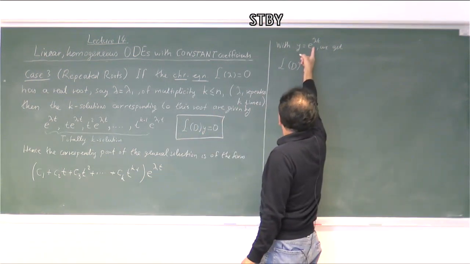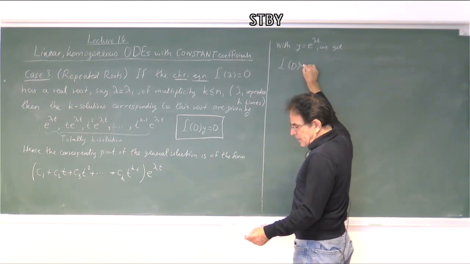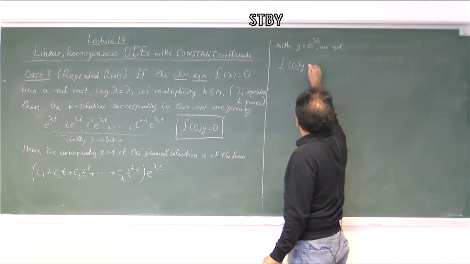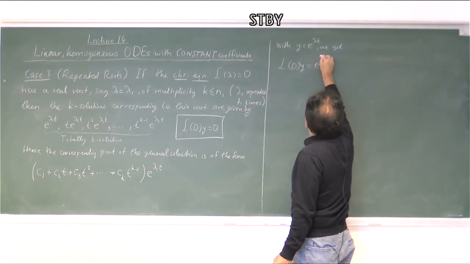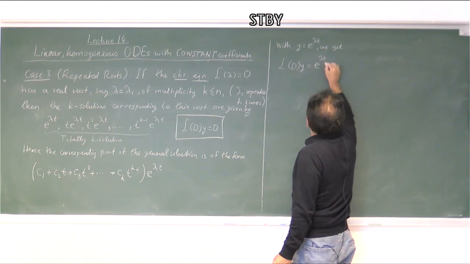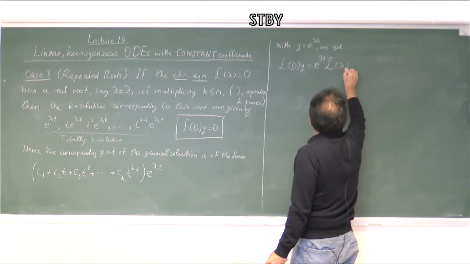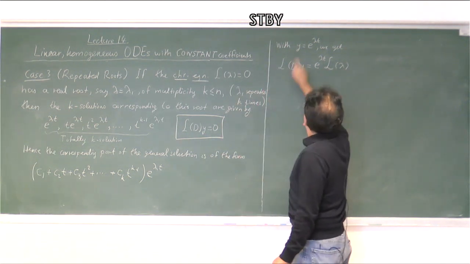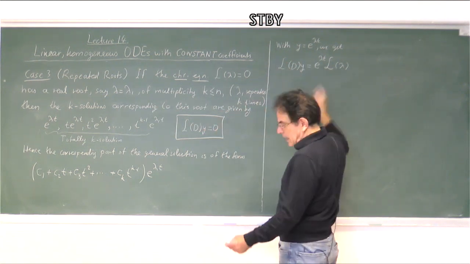So substitution of that into our equation, the left-hand side L of D y becomes e to power lambda t times L of lambda. Good? We proved it several times. When this is substituted into the equation, the left-hand side becomes this.